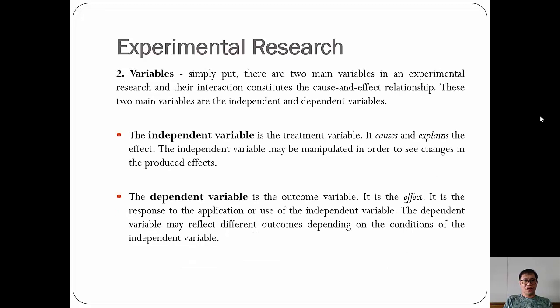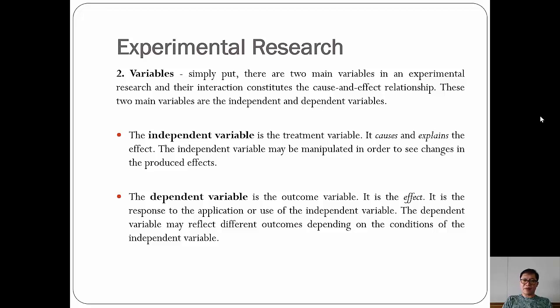Variables. Variables, simply put, there are two main variables, no? In experimental research, interaction constitutes the cause and effects relationship. These two main variables are the independent and dependent variable. The independent is a treatment variable.